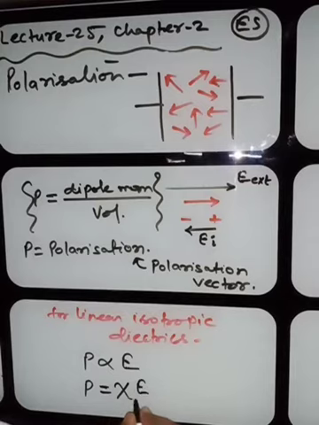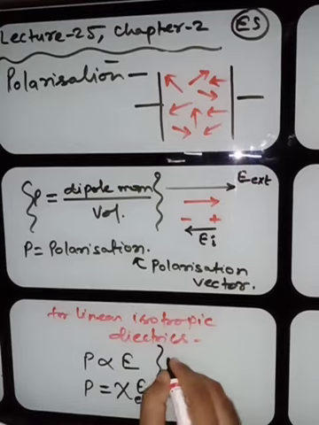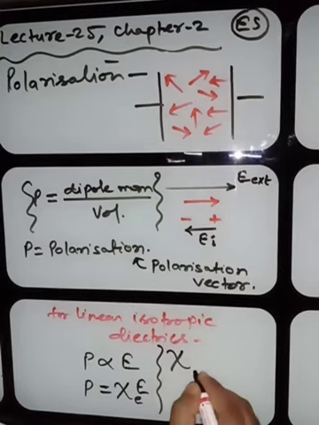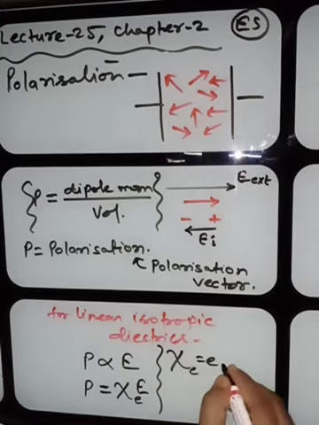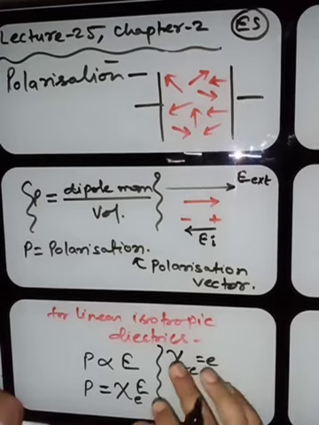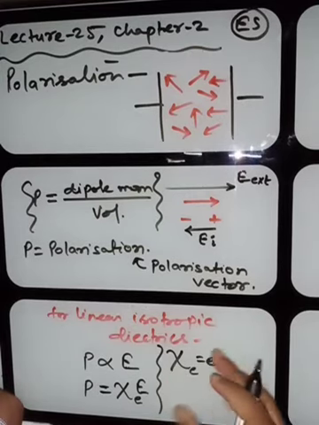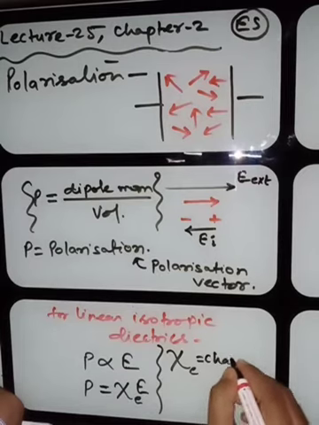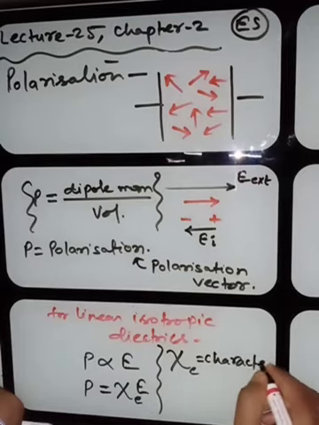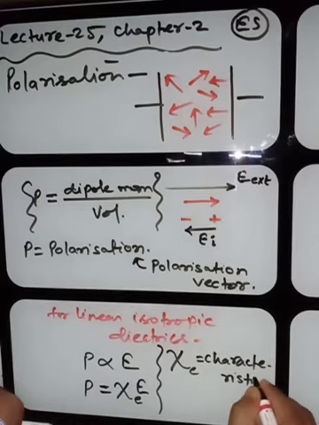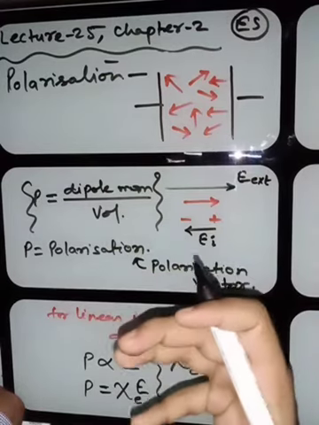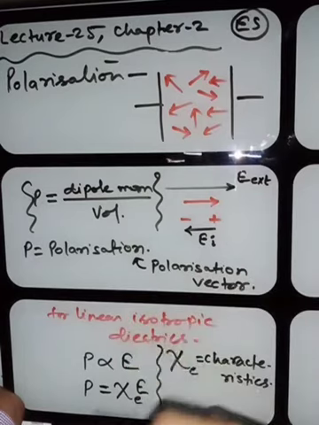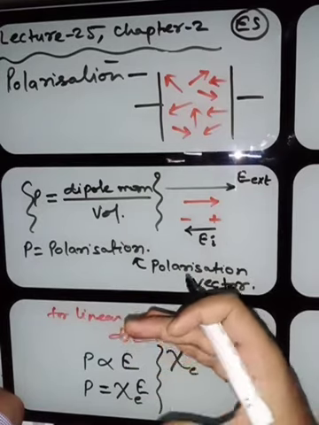It is called xi e, and this is the characteristic of the dielectric material.